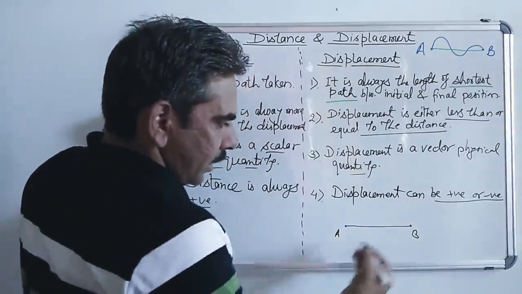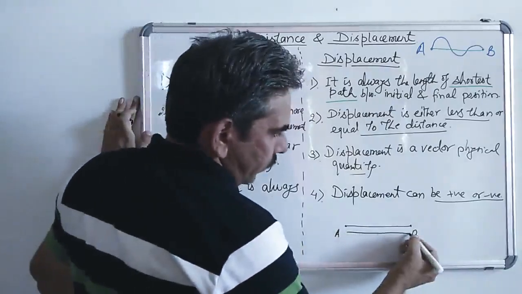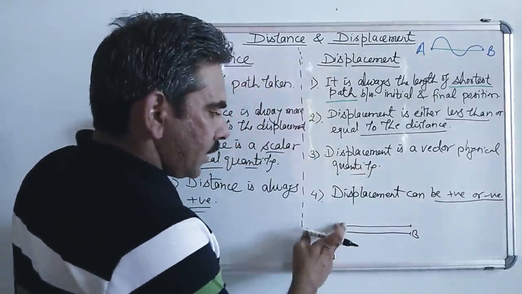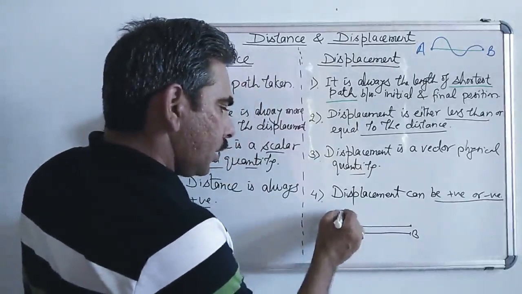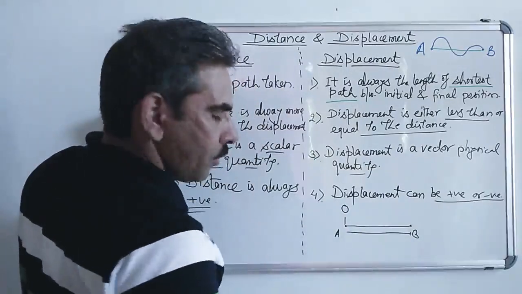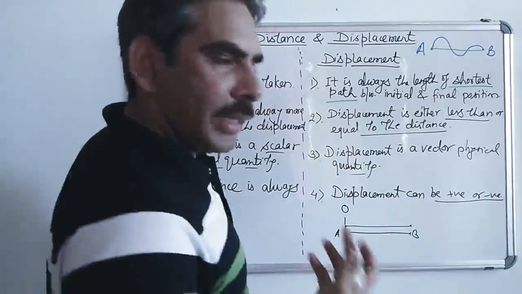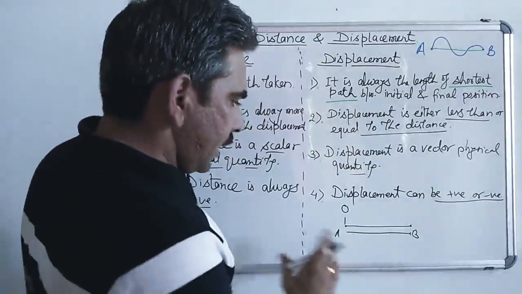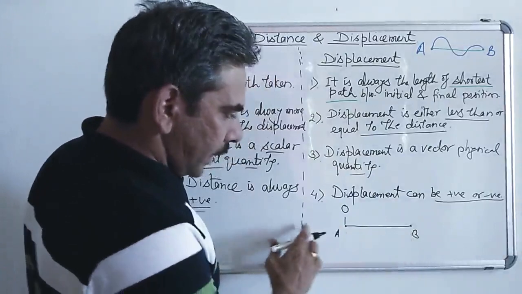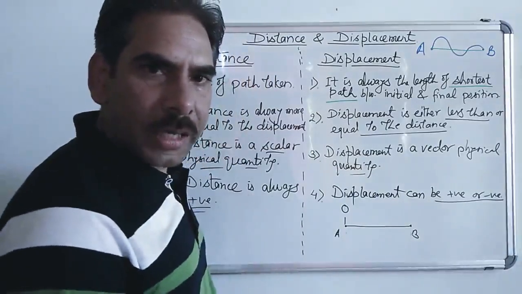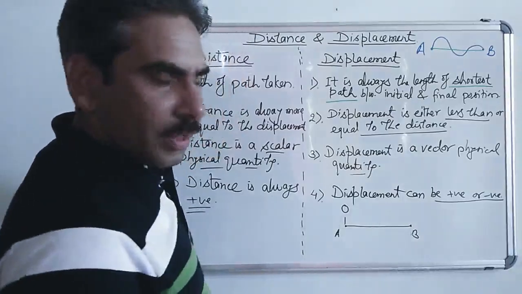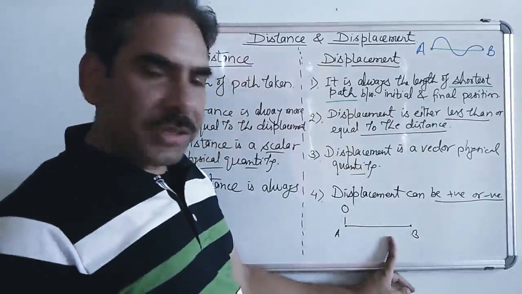So what is the displacement? It has some positive value. The point from where the journey starts, we take to be O, or the zero point, and where the journey completes, we take to be the final position. It is not just about right or left, but about the initial direction in which the object is moving.